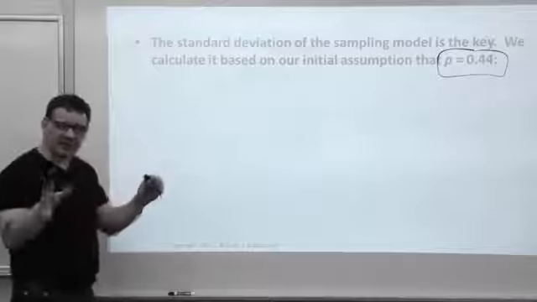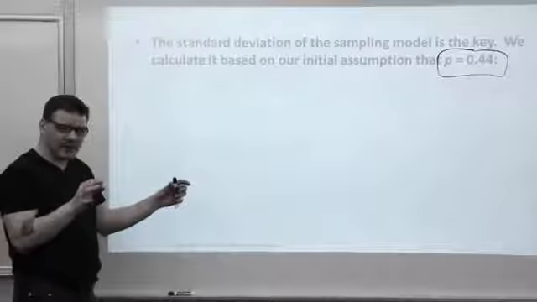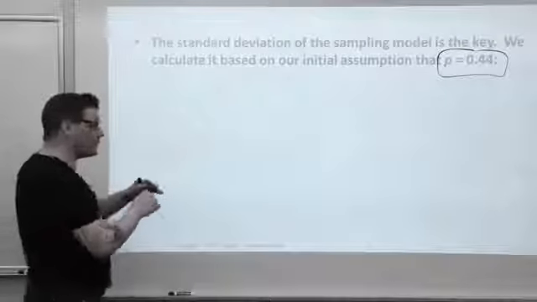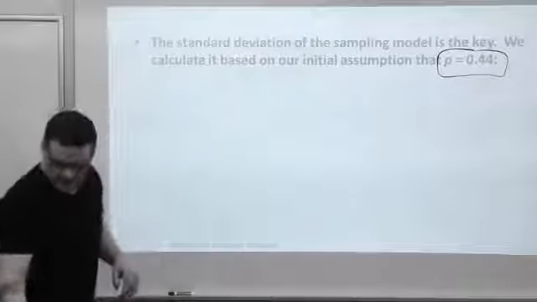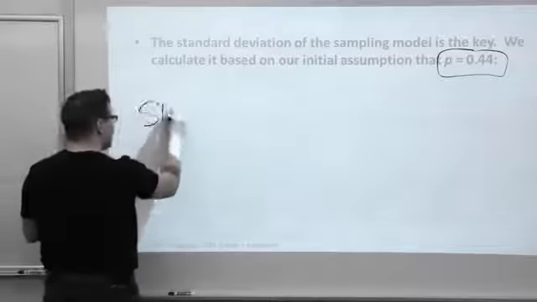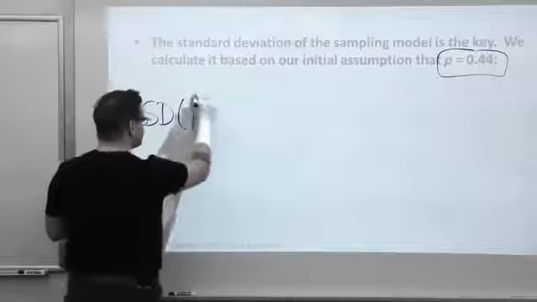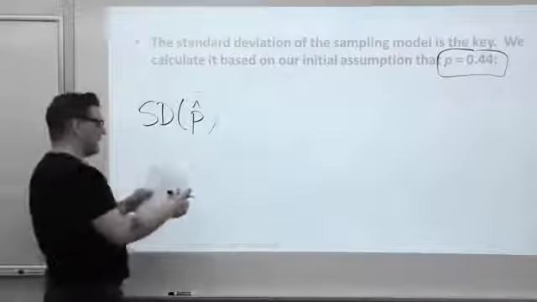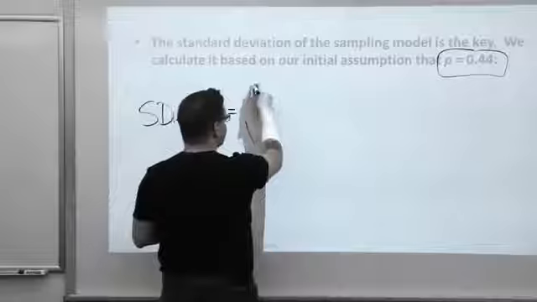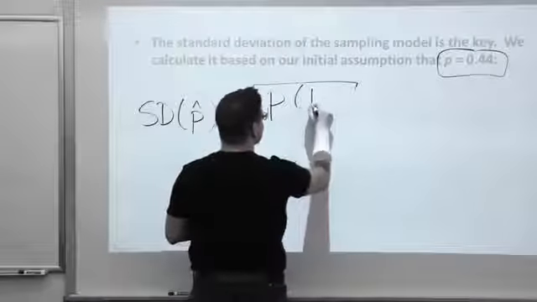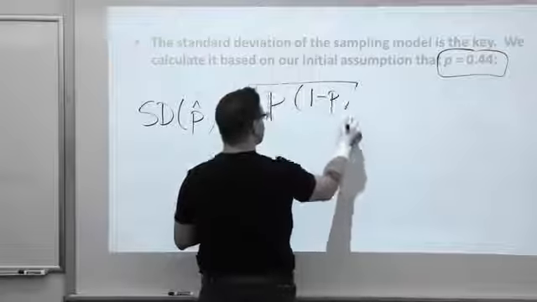There's a little bit of a difference between confidence intervals and hypothesis tests, and we've got to be careful to get the right numbers. So let's call this SD, for standard deviation of p hat.